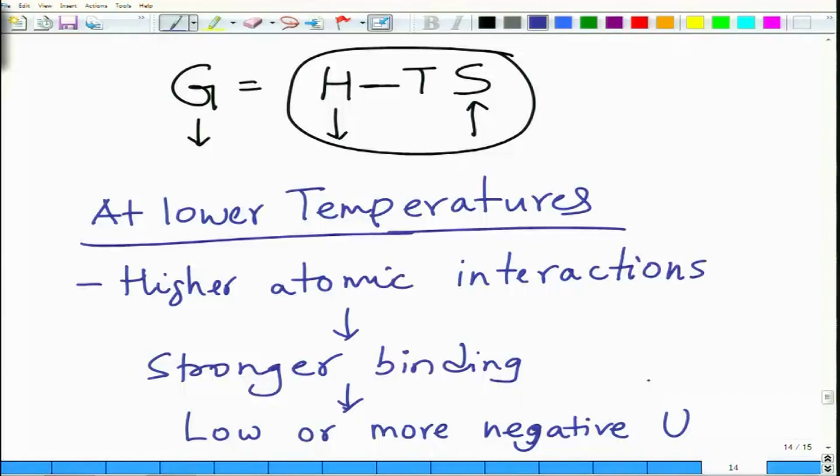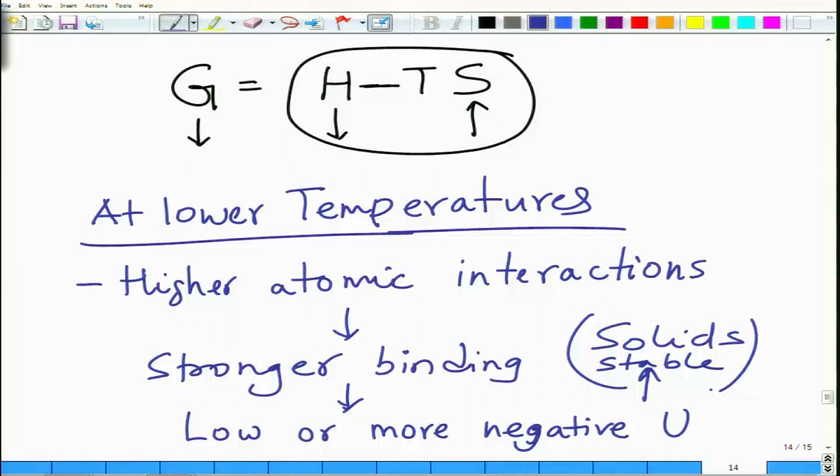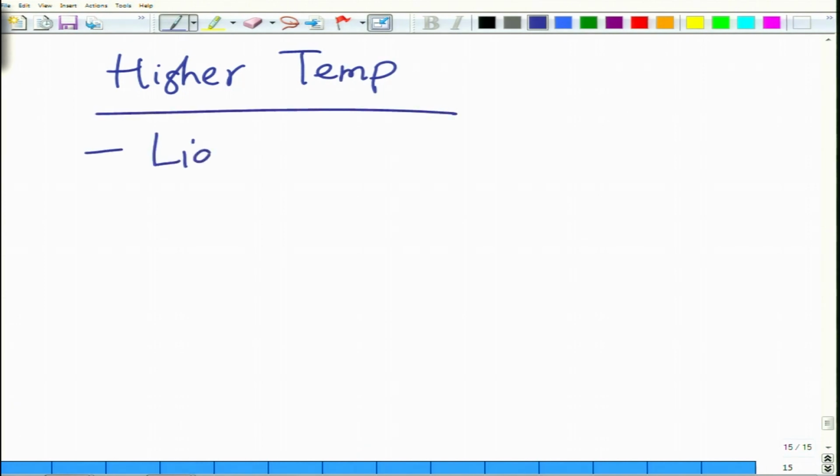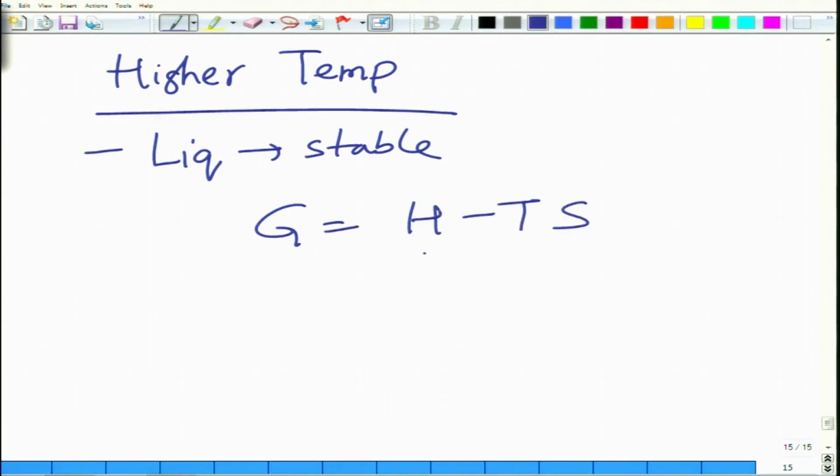So, this is what makes solids stable, whereas at higher temperature the converse happens. At higher temperatures we generally see liquids are stable, right. G is equal to H minus Ts. Although the H of the liquid is more positive as compared to the solid, the entropy is higher.